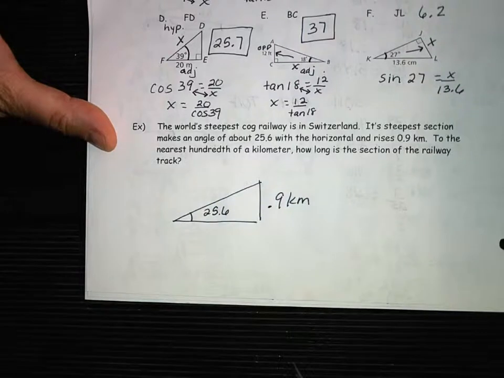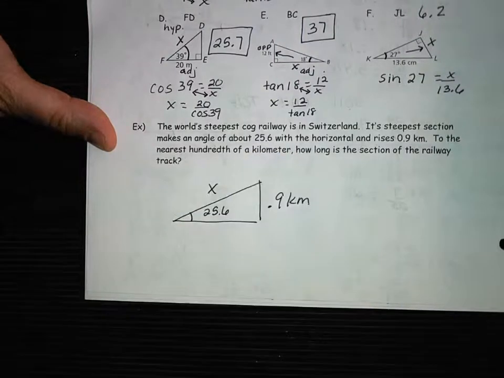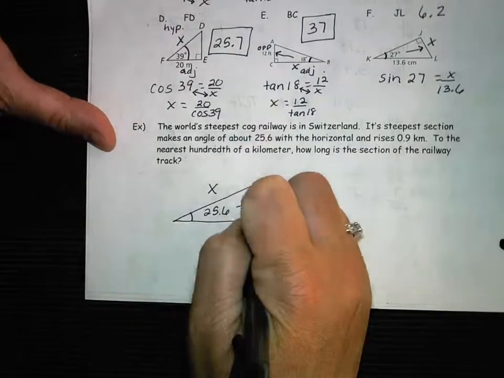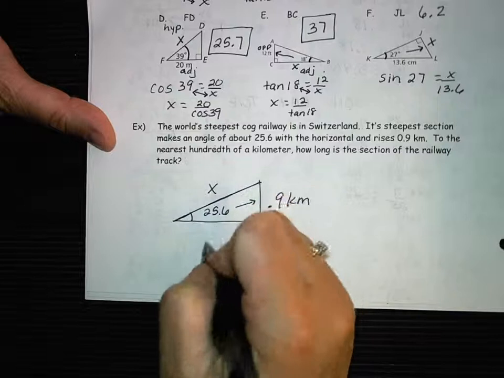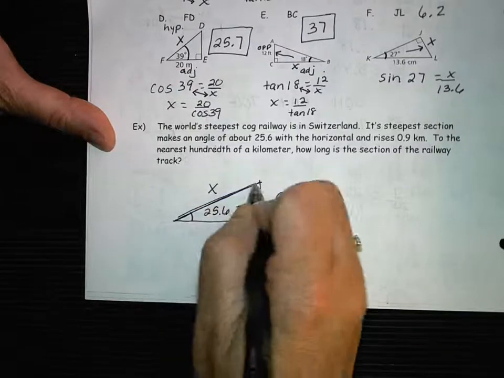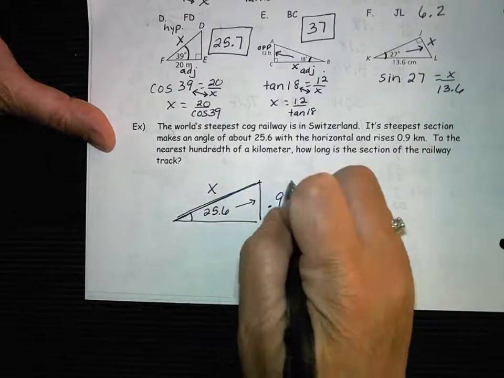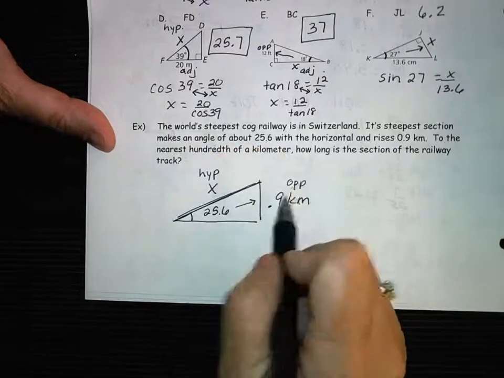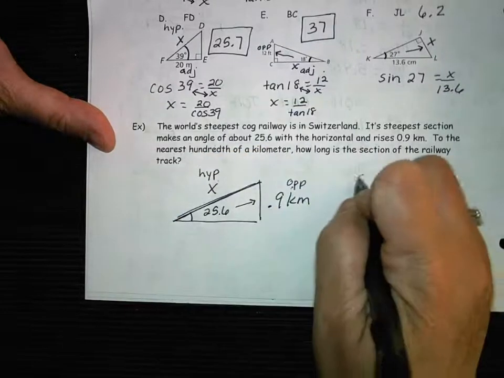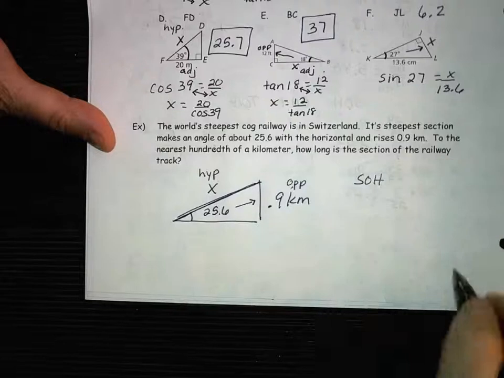And we are asked to find how long is that section of the railway. Well, this is the opposite side. This is where that tram, the railroad car, would go, which is your hypotenuse. So if we know the opposite side and the hypotenuse, that's the sine, or SOH.